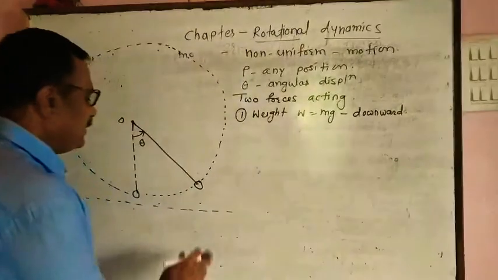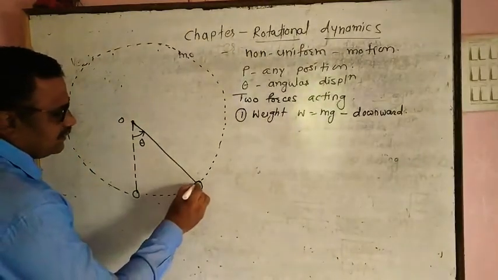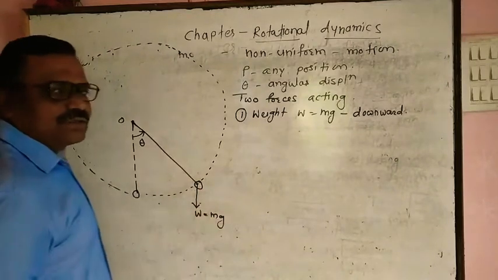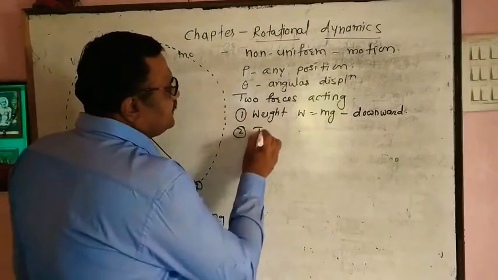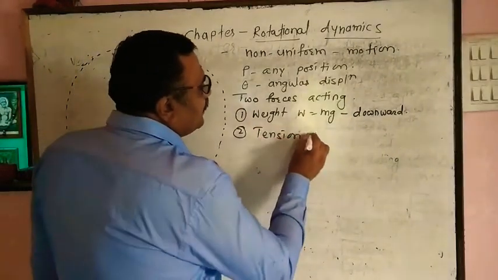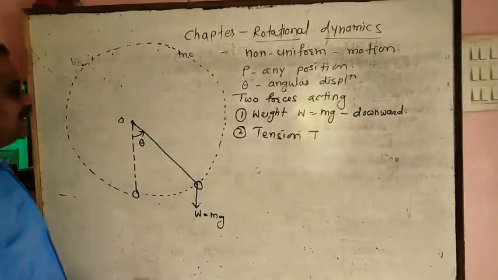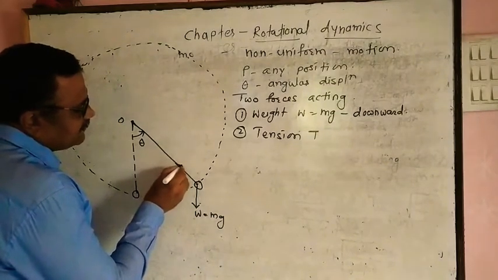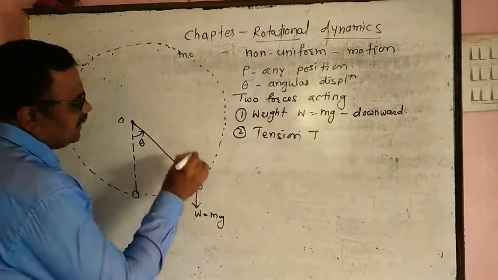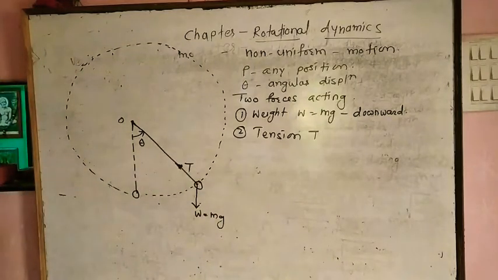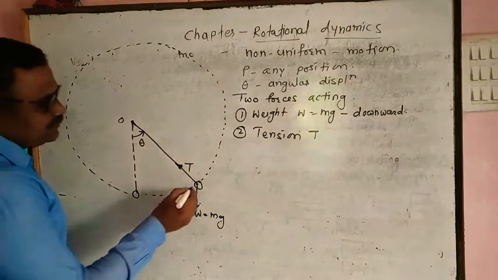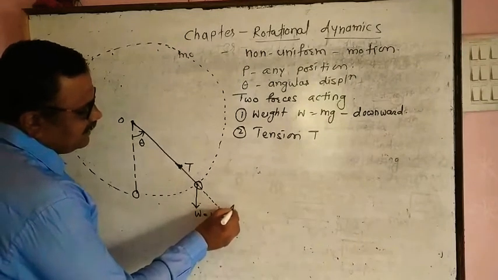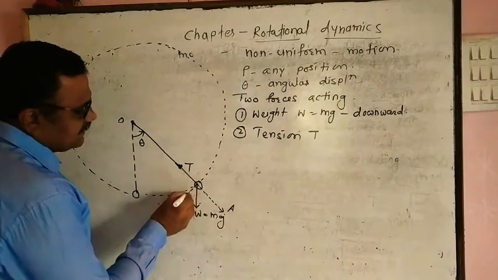Therefore, this weight is represented by this vector. The second force acting on the stone is the tension of the string, denoted by T, and it acts towards the center of the path. Now suppose we produce two different axes. This is axis number 1, and suppose this is axis number 2.